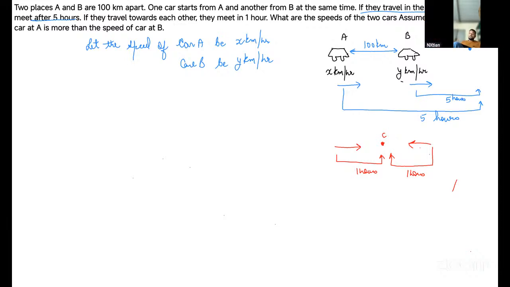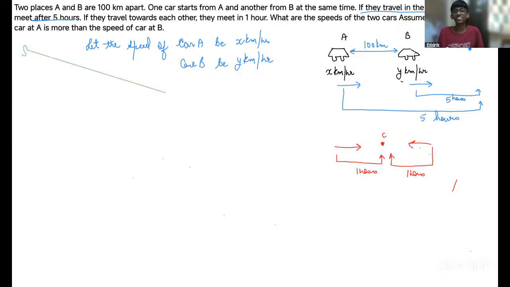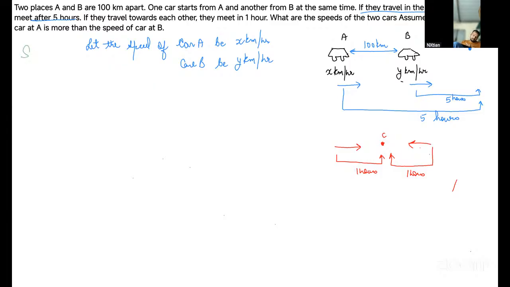Now you should know the speed formula. What is the speed formula? Distance divided by time. Yes, the speed formula is distance upon time. Okay, now listen, guys.